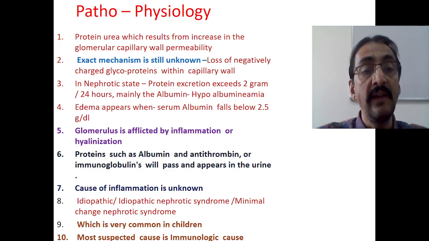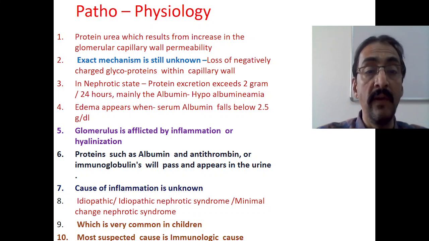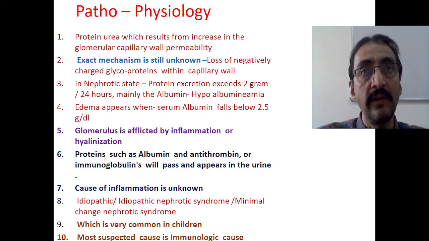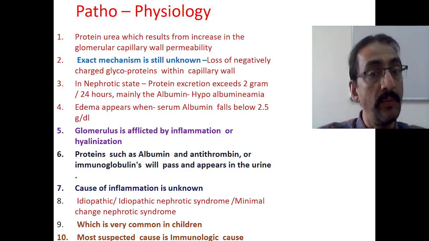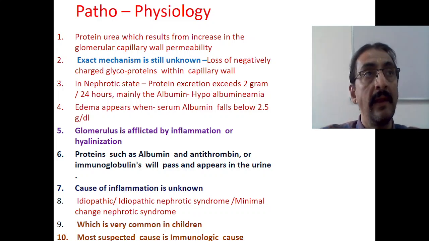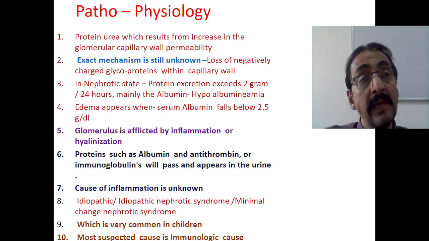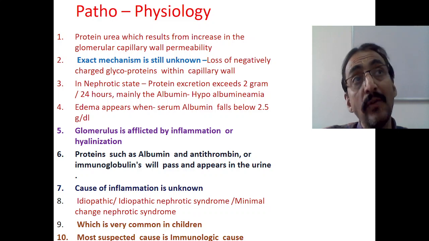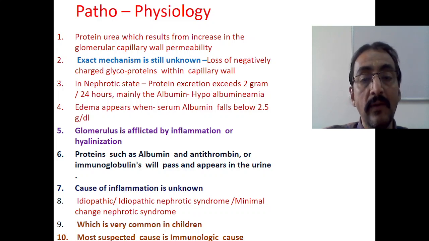Proteins such as albumin, antithrombin or immunoglobulins will pass and appear in the urine because their size is less than 40,000 daltons, so they are more prone to pass through the urine filtrate. Exactly why this inflammation occurs in the glomerular filtration area or glomerular epithelium is also not known.